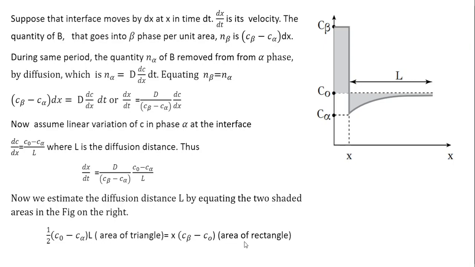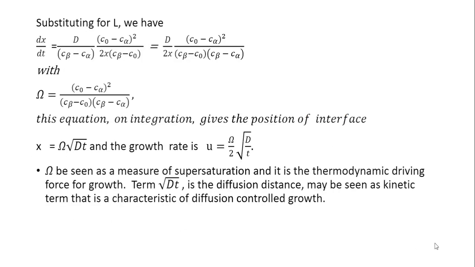Equating the area of the triangle with the area of the rectangle, we can estimate the diffusion distance L. Substituting for L, we have dx/dt equal to the diffusion coefficient divided by (C beta minus C alpha) multiplied by the square of (C0 minus C alpha) over 2x into (C beta minus C0).